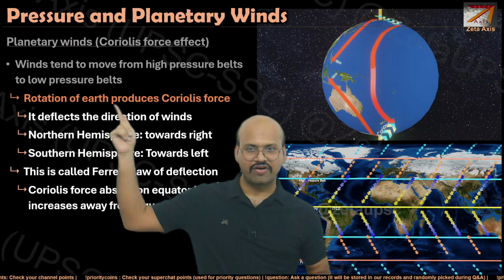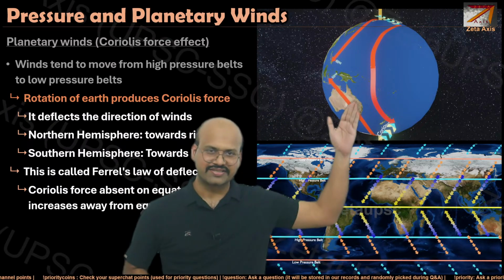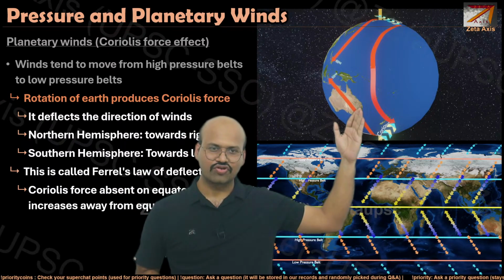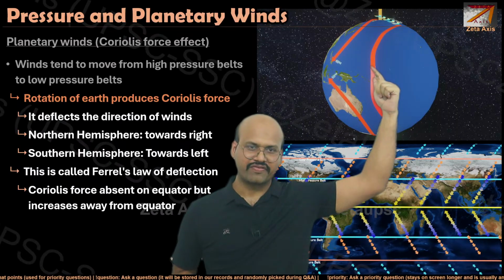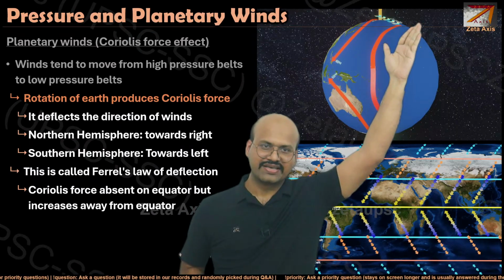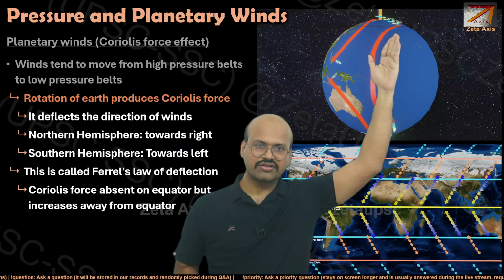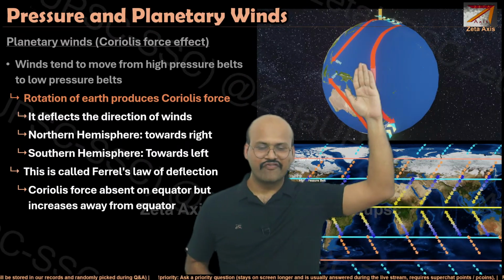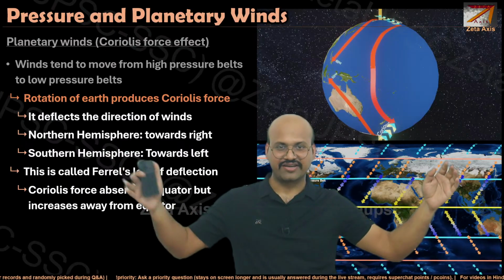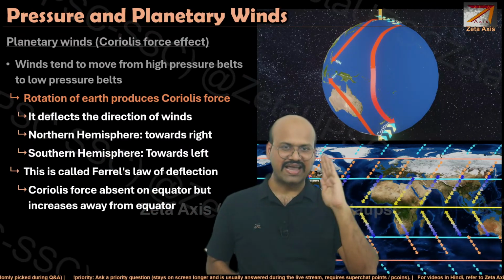In this diagram we can see the effect of Coriolis force. We can see that one stream of air is moving in the northern hemisphere. Because of the Coriolis force, it will be deflected to the right side. Remember, when you are checking the left and right side, you should be facing in the direction of the wind.